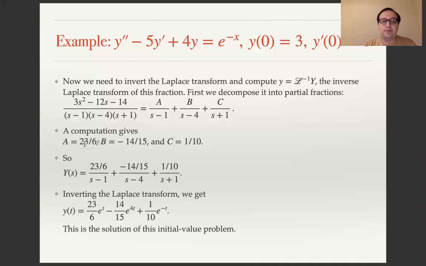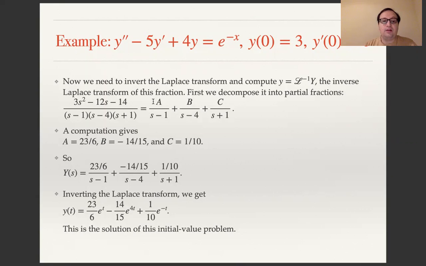There are several ways of doing this computation. The most general one is we bring the right-hand side to a common denominator. So that's going to be a times s minus 4 times s plus 1 plus b times s minus 1 times s plus 1 plus c times s minus 1 times s minus 4.